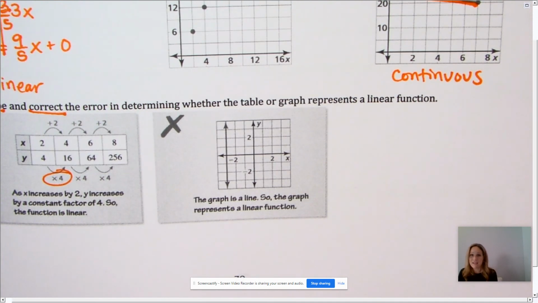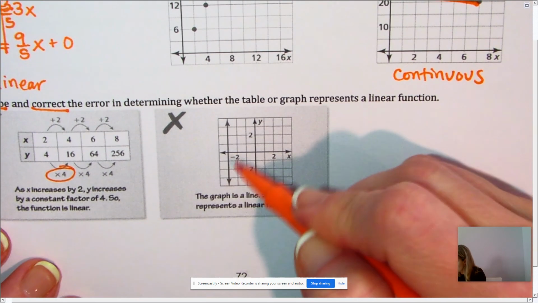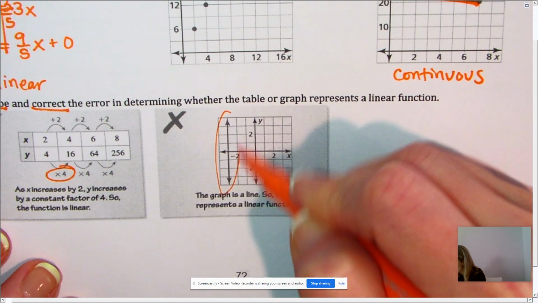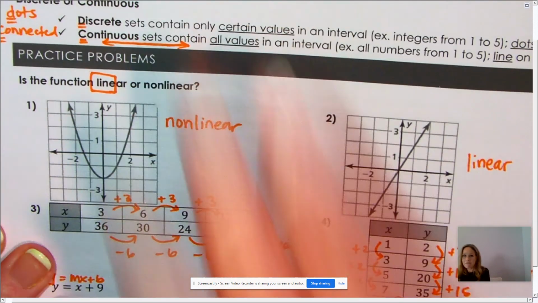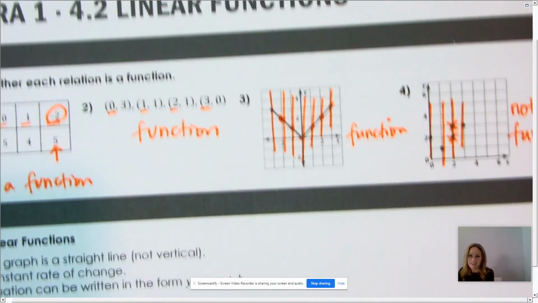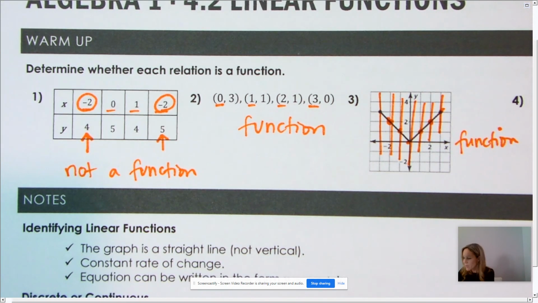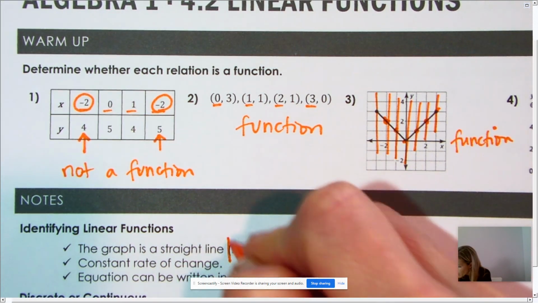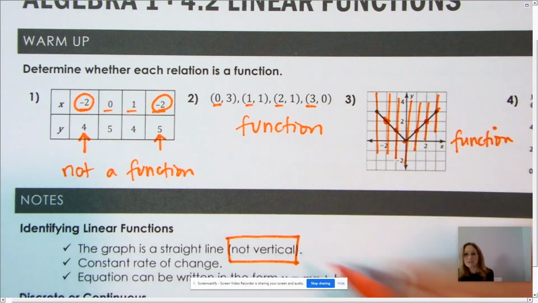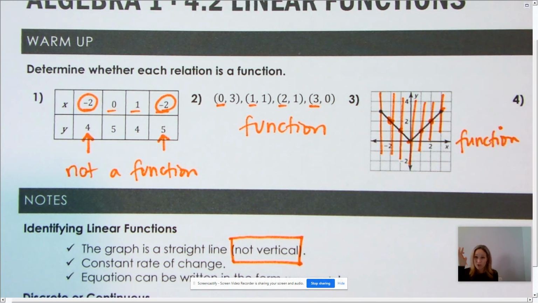And then remember for this one, where we're determining if it's a line, what our rules are. The graph needs to be a straight line, but what's the limitation on the line? The line cannot be vertical because if it's vertical, technically it's a line, but it's not a function.